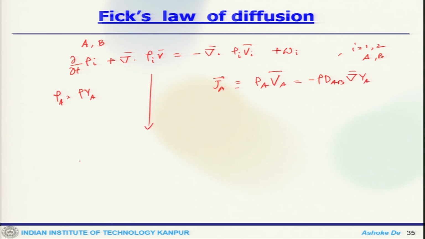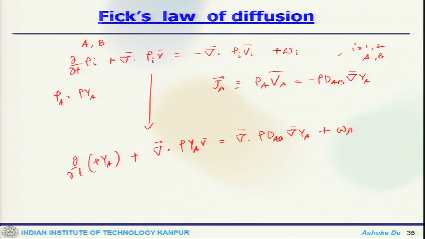From here we get del by del t of rho Ya plus del dot rho Ya V bar equals del dot rho DAB del Ya plus omega A. So, this is a mass fraction equation for species A, provided density, mixture velocity and diffusion constant are all known.